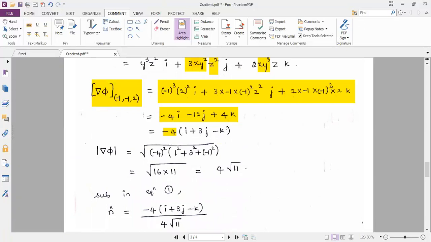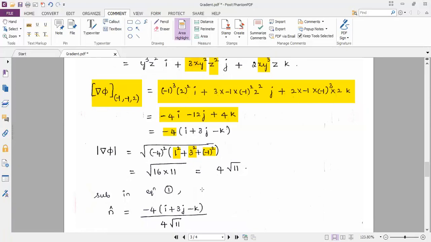I component is 1, so 1 square, plus j component is 3, so 3 square. K component is -1, so (-1) the whole square. Summing up, we have under the root 16 into 11, which is 4 root 11.